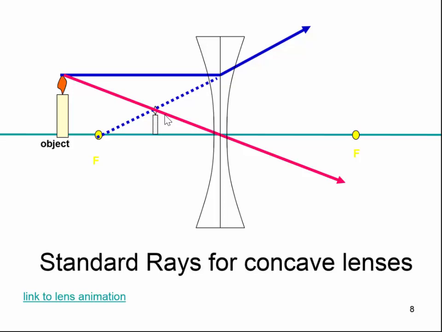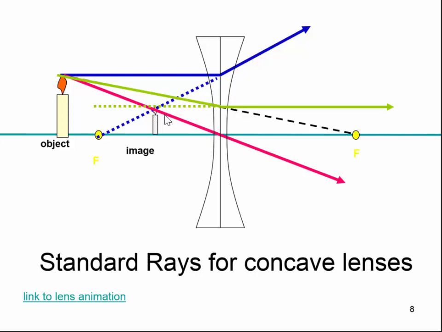And you can see already that where those two rays appear to meet is where the image will be. We can also draw a third one where it comes in as if it were going towards the other focus. It refracts and it goes out parallel, and we can see that that one also agrees with the other two.